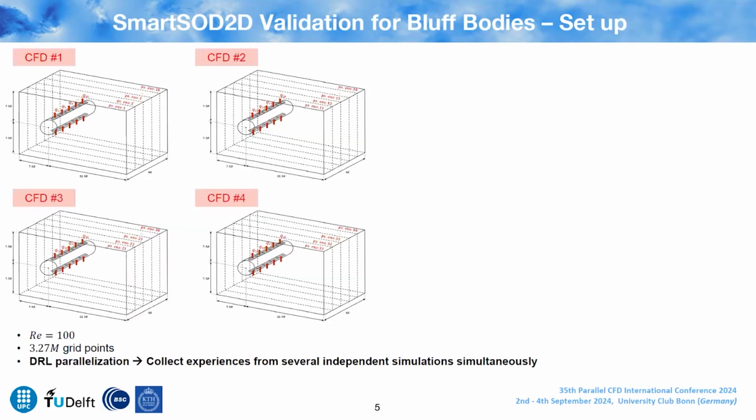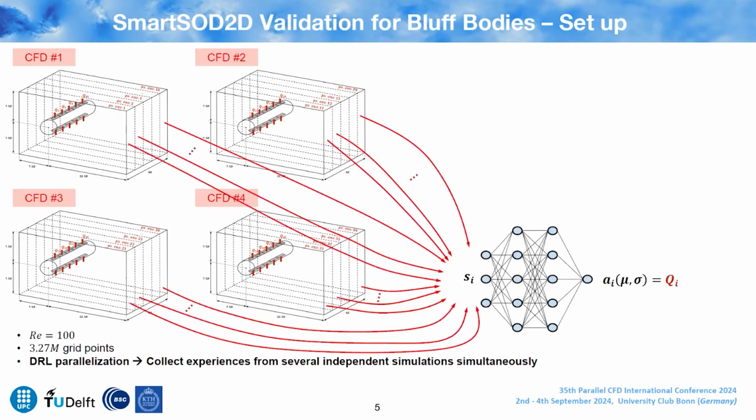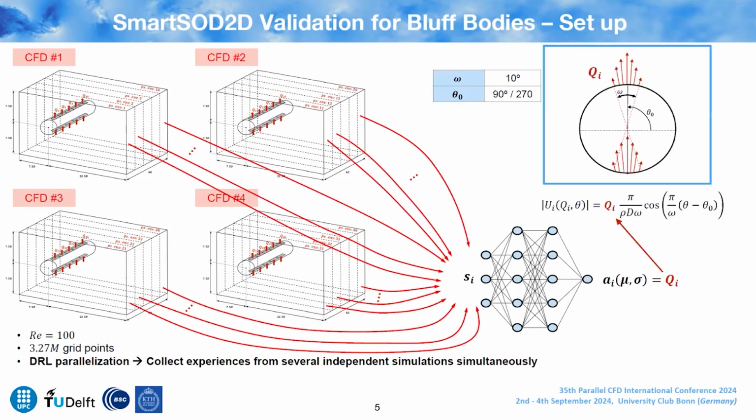And also we can consider, for instance, 4 CFD simulations in parallel, so that at the end we have 10 plus 10 plus 10 plus 10, 40 environments, all creating different experiences that are then sent to the same agent. And then, of course, this agent will give back the mass flow rate that is applied to each of these environments. In reality, this mass flow rate is used to compute this velocity profile that is the boundary condition that we apply in the CFD simulations.